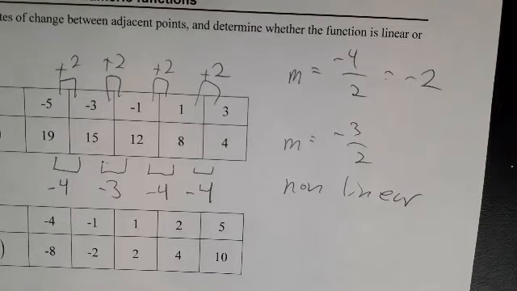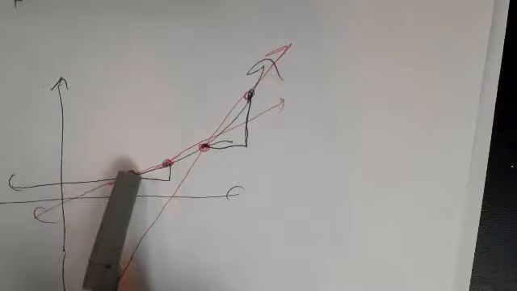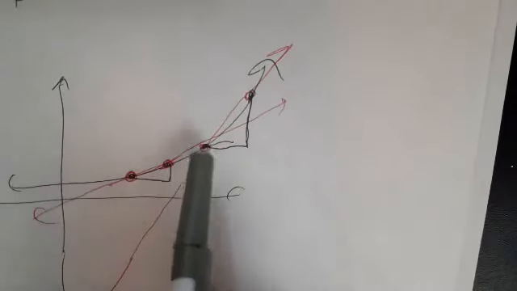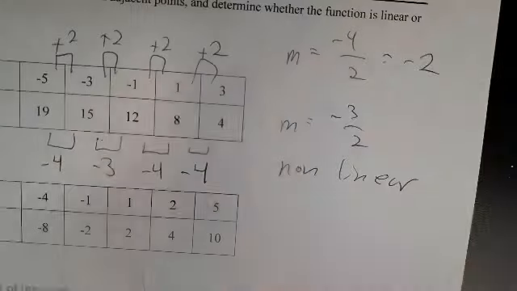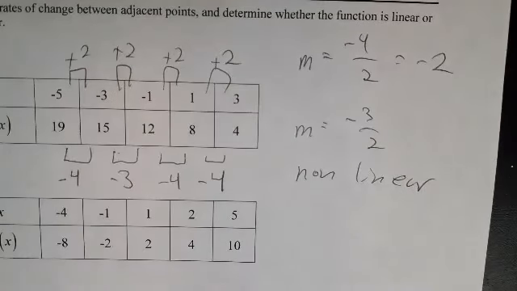I just thought about it, and I don't want this to be a point of confusion. I know I'm using M, but what I'm really doing is looking between each two adjacent points at the slope between them. So I'm looking at this slope, and this slope. Maybe it seems presumptuous to say M, but I'm not assuming this is linear.